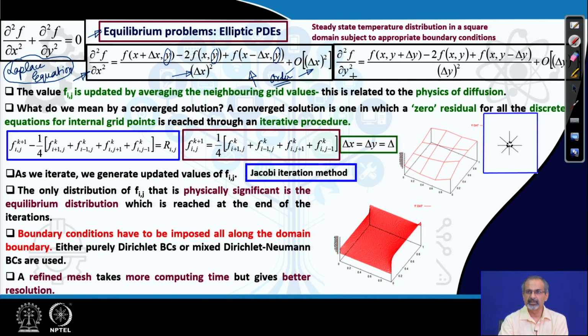We have to similarly do it for the y derivative. So, we end up doing it here by keeping x constant, and we are moving along the y direction. So, moving along the y direction would mean that now the grid points will be like, you can say y, y plus delta y and y minus delta y.